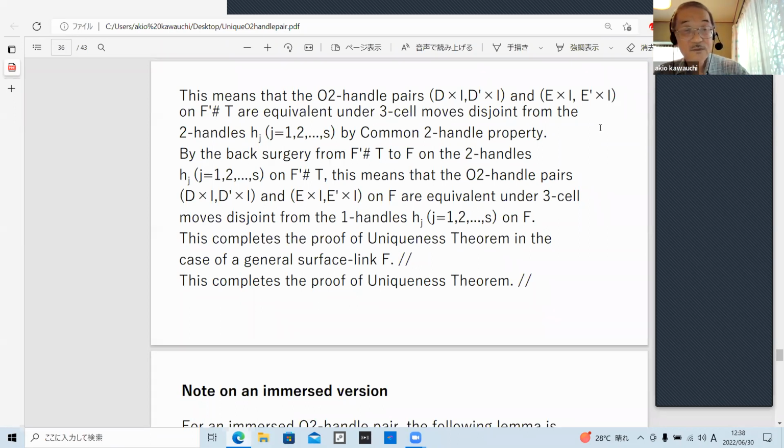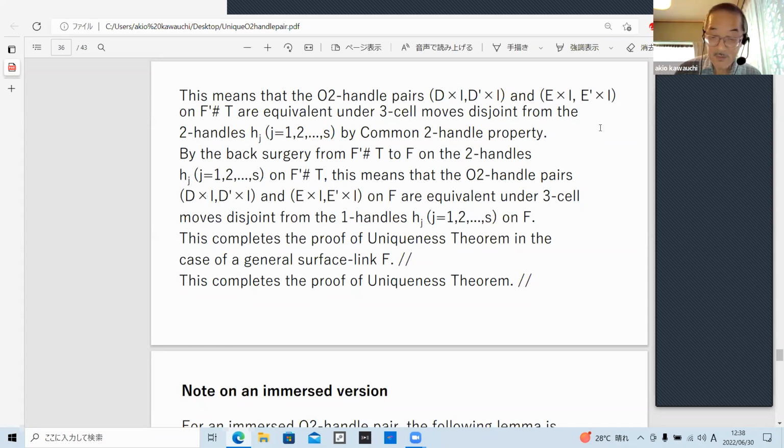So just do the back surgery from F dash connect sum T to F on the two handle. This means 2-handle pairs are equivalent under three-cell moves disjoint from the one handle on F. So this means the general case is also proved.